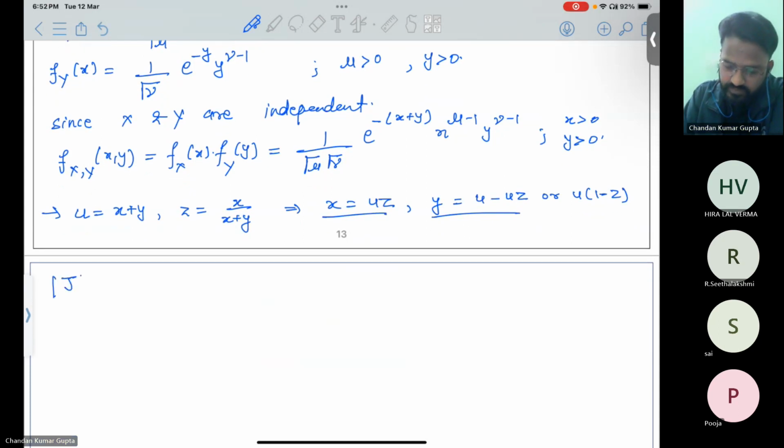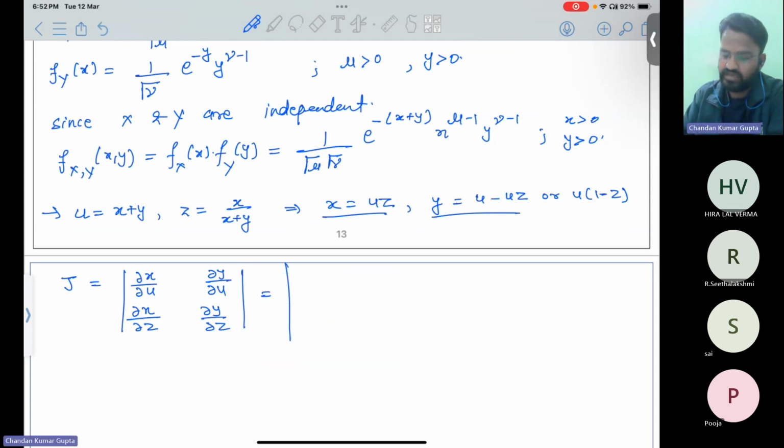So the Jacobian is equal to the determinant of del x upon del u, del y upon del u, del x upon del z, del y upon del z. Del x upon del u comes out to be z, del x upon del z comes out to be u, del y upon del u comes out to be 1 minus z, and del y upon del z is minus u.